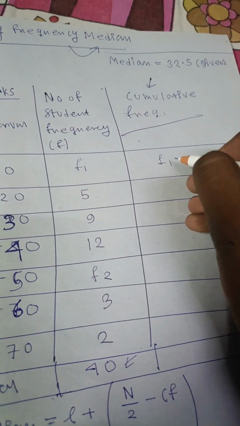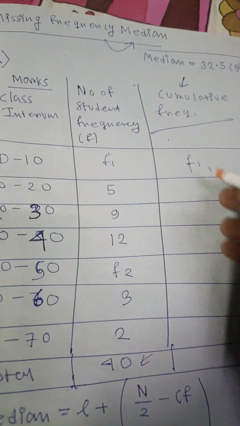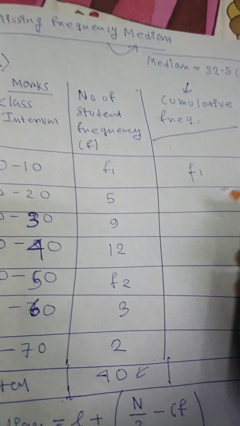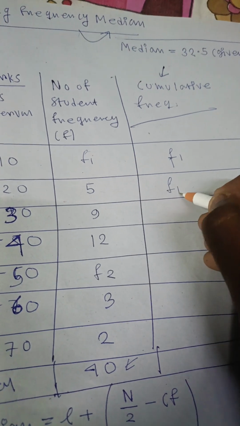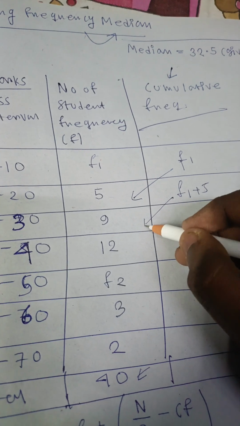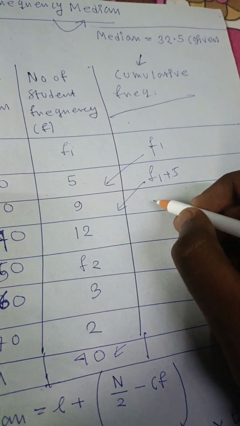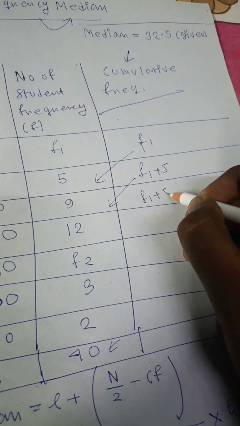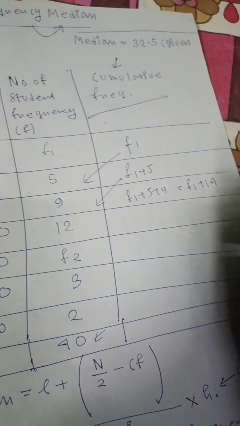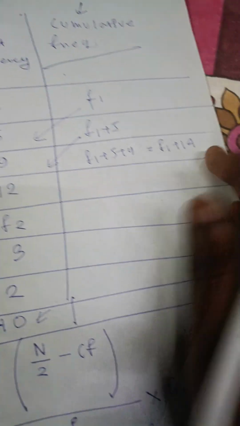There is only f1, so I am writing f1. In the next class it will be f1 plus 5. After that f1 plus 5 plus 9, so it will be f1 plus 14. Okay, so this is called cumulative frequency.